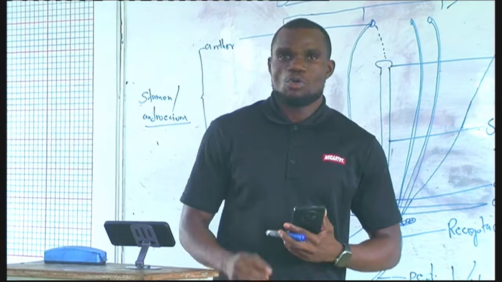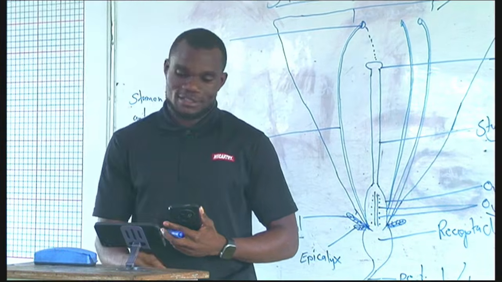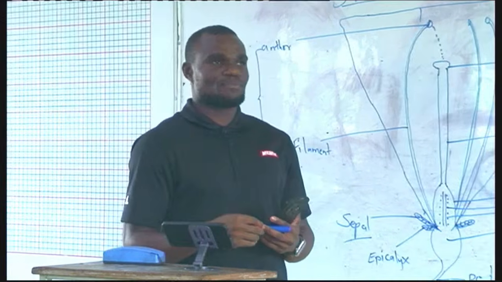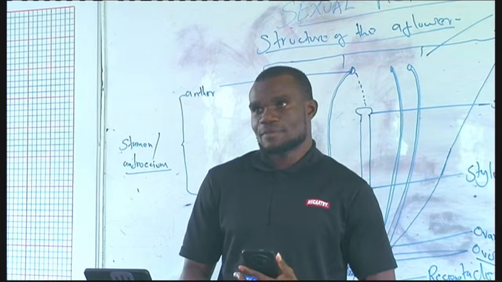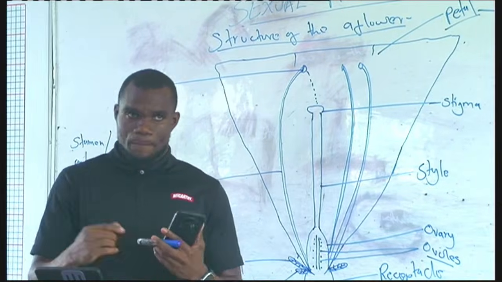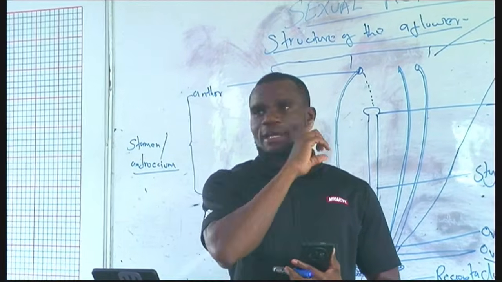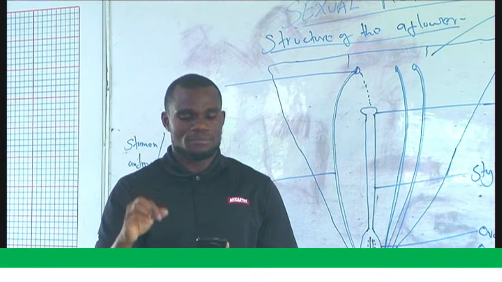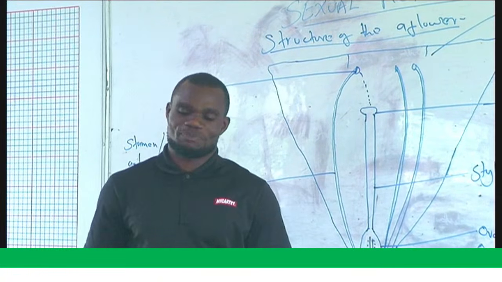And the question is, what is this unisexual flower and what is this bisexual flower? We are also going to discuss the staminate flower and the pistillate flower. The question that you will ask yourself: what is this staminate flower and what is this pistillate flower? And again, when describing a flower, we are also going to discuss the essential parts of a flower and non-essential parts of the flower.